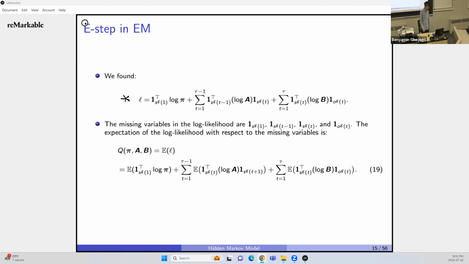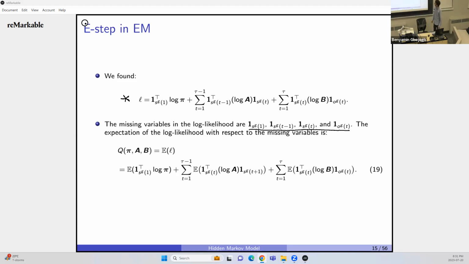Then we can't maximize the log likelihood because it has missing data. So let's first take the expectation over the missing data given the available data. This is the E step, and in the M step, we maximize the log likelihood. That's called expectation maximization. The missing variables here in the log likelihood are these.